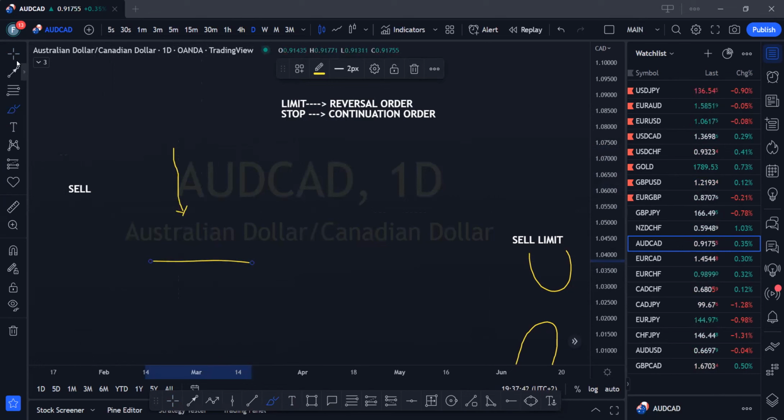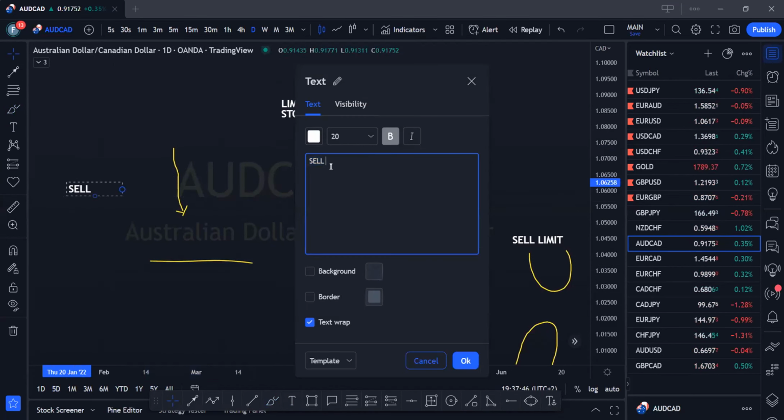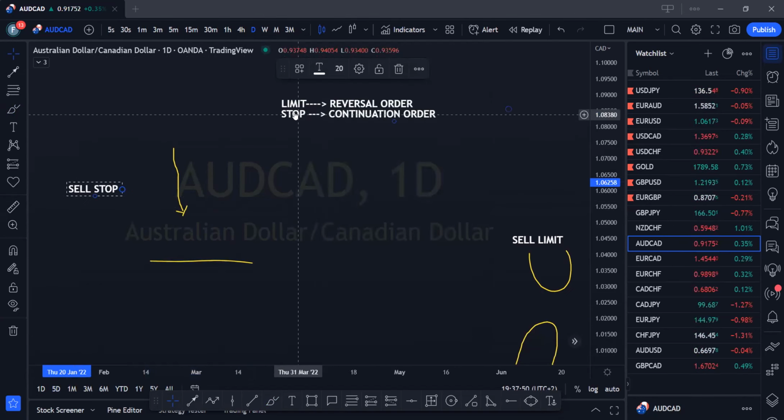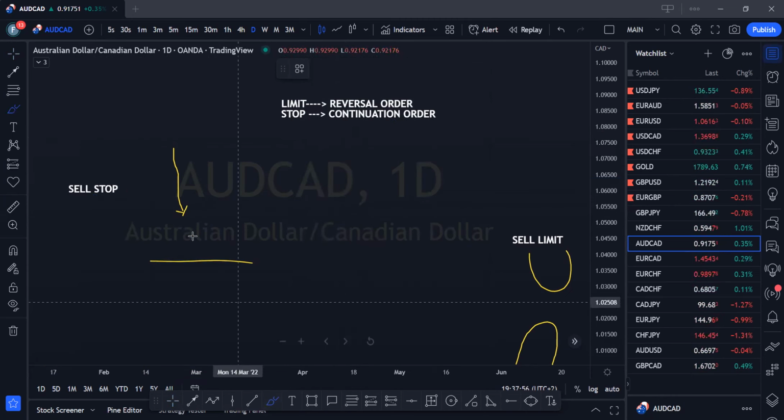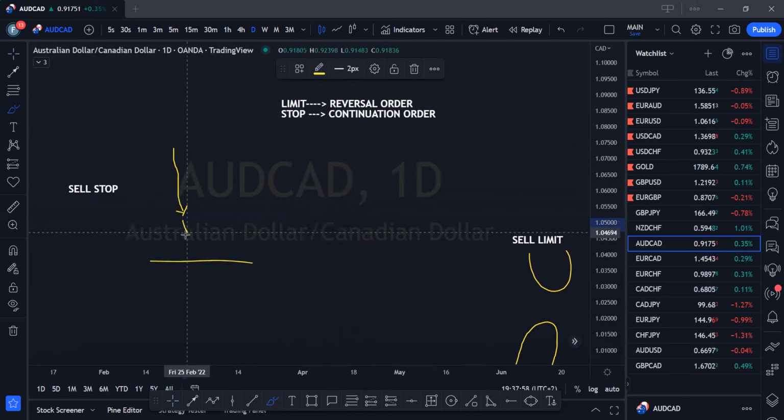When you set a sell stop, remember, stop orders mean continuation orders. So when price comes back down into this place, as soon as price touches this price point, and it is a sell stop, immediately you'll be entered into this trade for a sell.